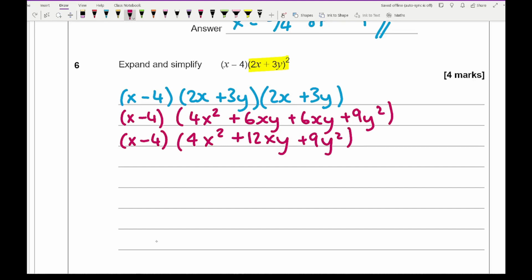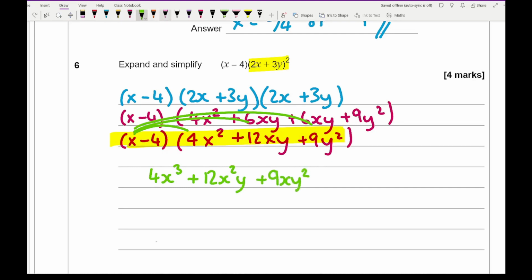Now if you got to that stage right off the cuff, that'll be absolutely fine. But it's always important that you do take time, because it's very easy to make a mistake, particularly if you're doing all that in your head. So what's left for me to then do is just expand the brackets. So multiplying everything by x, I get 4x cubed plus 12x squared y plus 9xy squared.